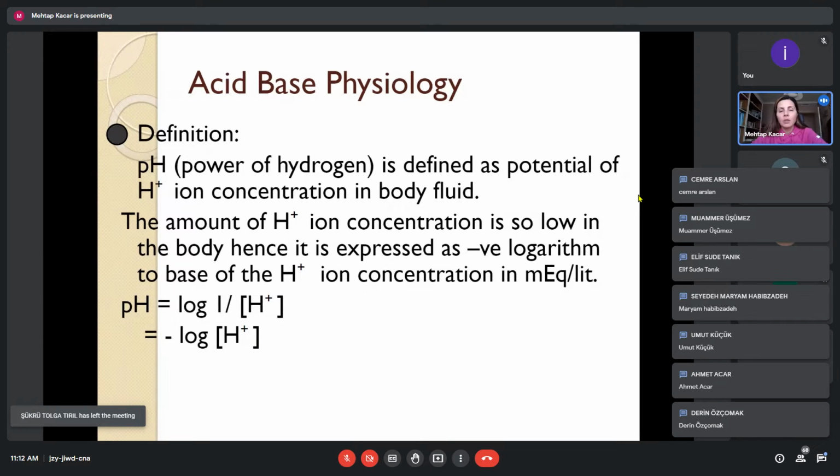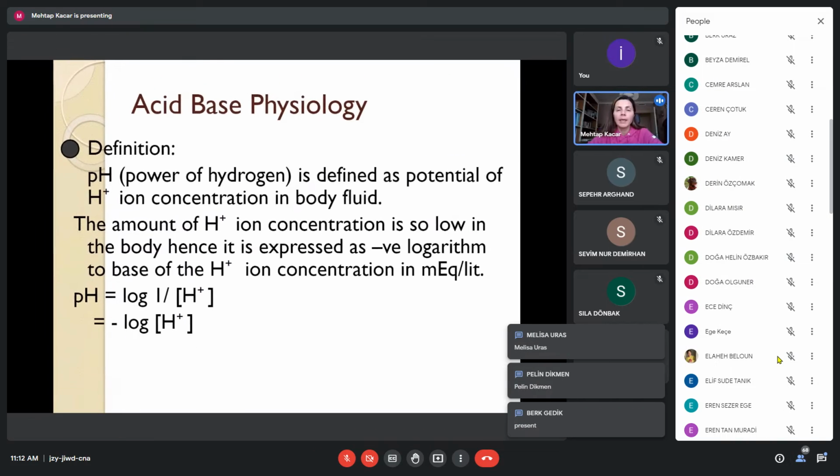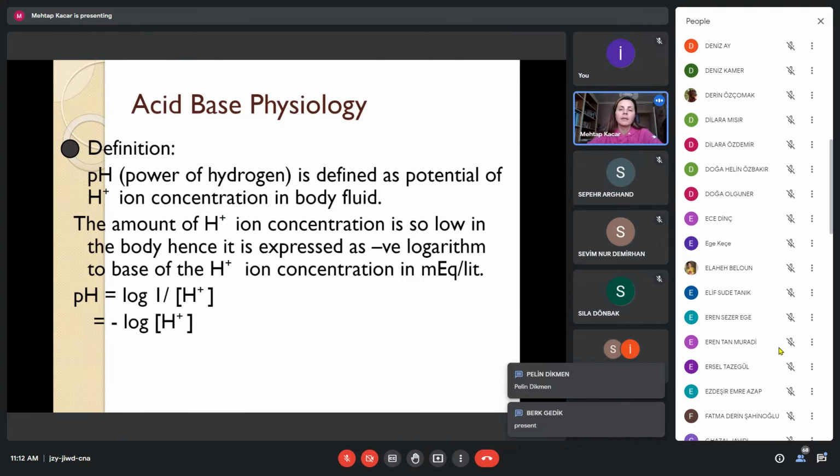And pH represents the power of hydrogen, and pH is defined as the potential of hydrogen ion concentration in body fluid. We can calculate the pH of our body fluid, and sometimes we can calculate the pH of other liquid materials. It's possible.